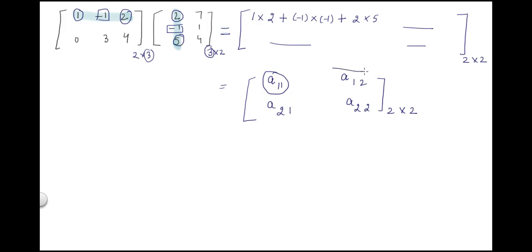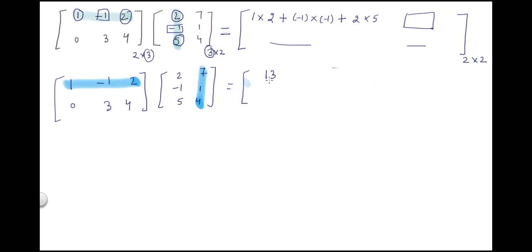Clear? Now let us try with the second element. So the second element is A12. To get the element value here, we have to multiply the first row with the second column. Clear? Earlier we did first row, first column. The second step will be first row, second column. So the multiplication will go in a similar way as we did for first row, first column.